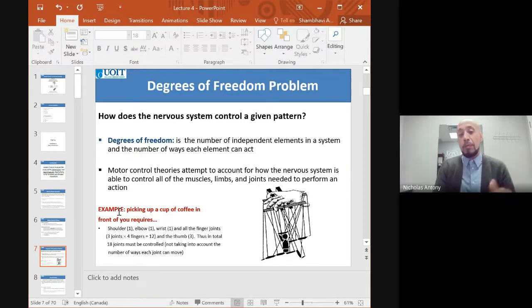If you think of the body as a puppet, look how many strings would be required for even the simplest movements. How is our body able to coordinate the movements of all of those different joints? It's a lot of information. And so they wanted to develop theories on how the body is able to simplify or coordinate or process that. So the one question the theories had to answer was the degrees of freedom problem.